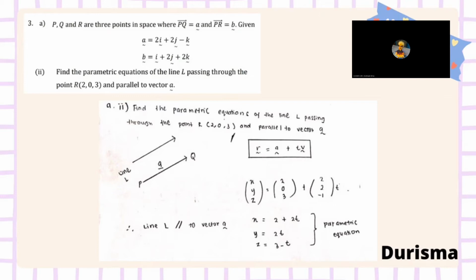So we just solve it macam biasa. Our first parametric equation is 2 plus 2t, and second parametric equation is 2t, and the last parametric equation is 3 minus t. So I'm going to pass to the next person.